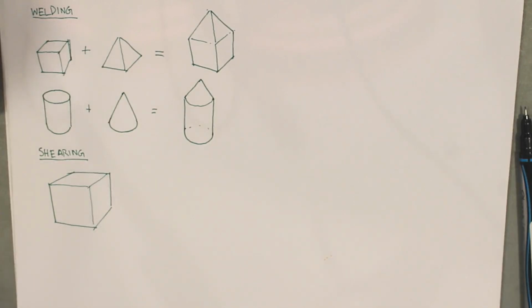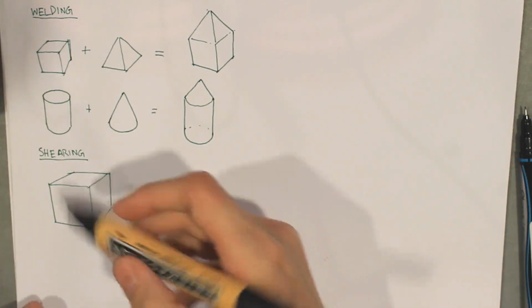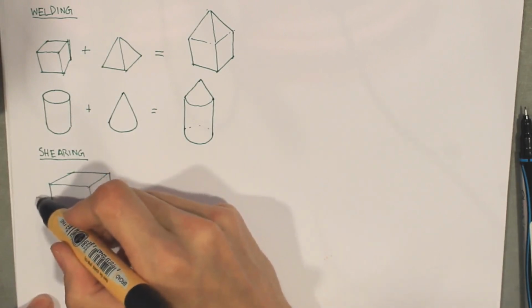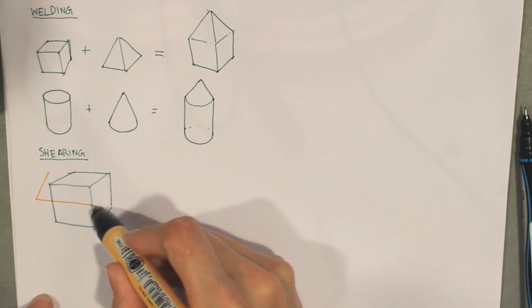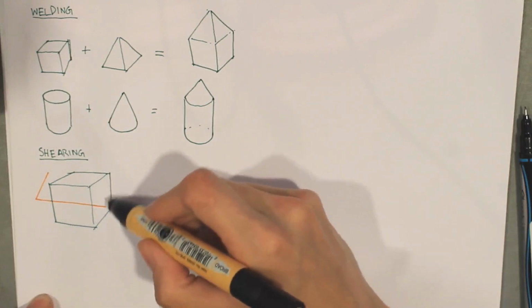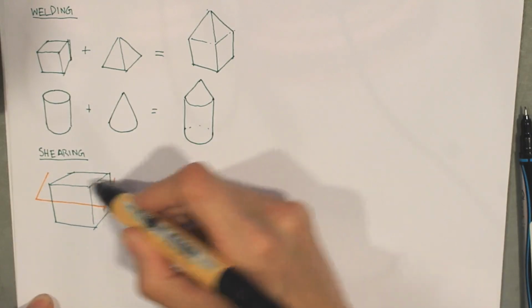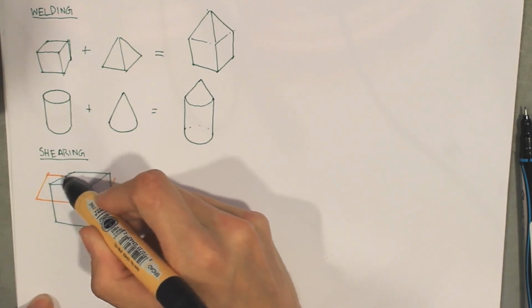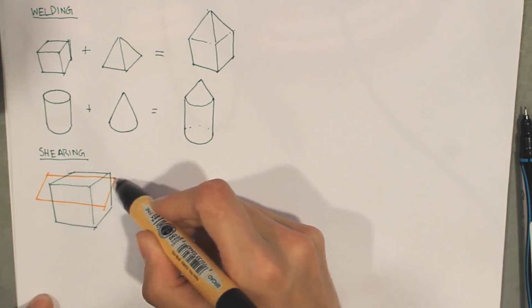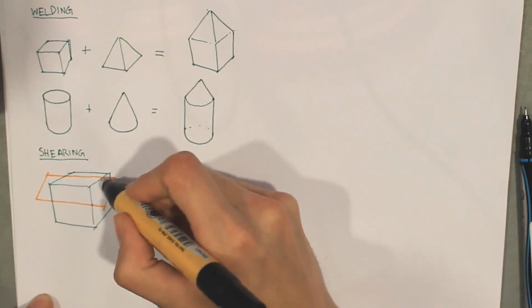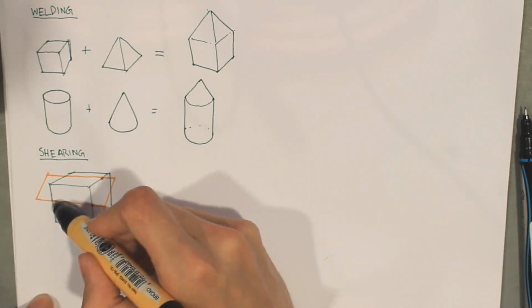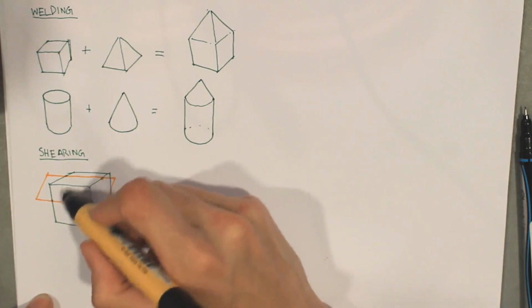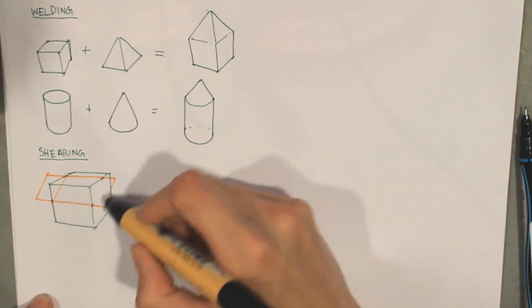Then I'm going to create a plane, in this case a tilted plane, that's going to slice through our object. Where this plane intersects with these edges is where I'm going to slice.